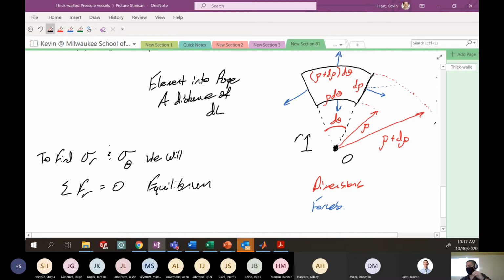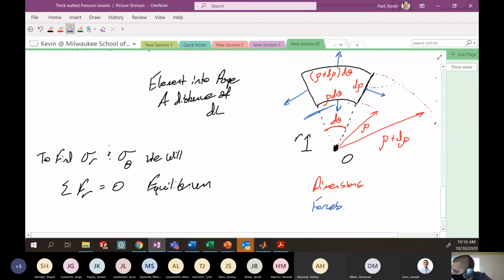So that means that we need to talk about these blue arrows as the forces that develop from the stresses. Let's do that. This guy here is the radial stress on that internal wall multiplied by the area over which it's acting.